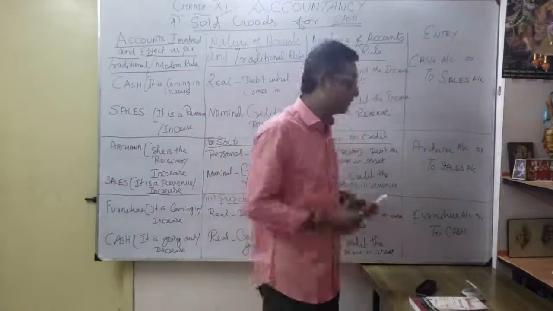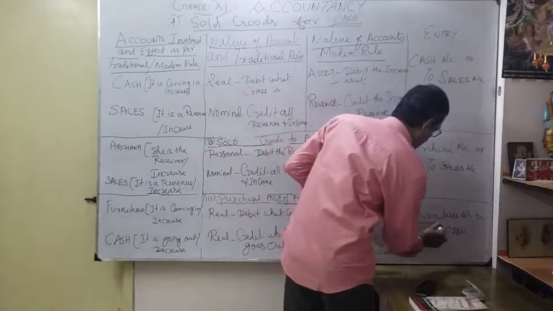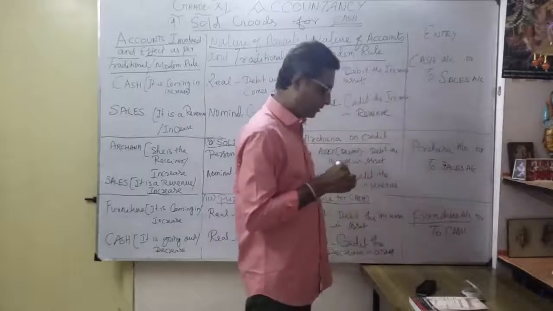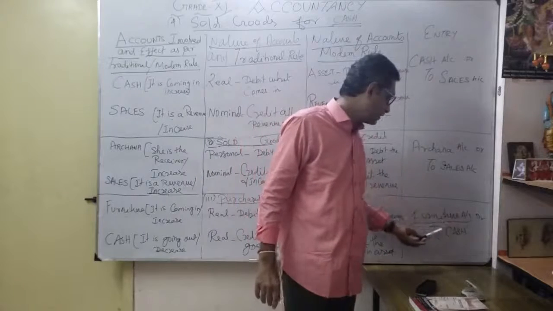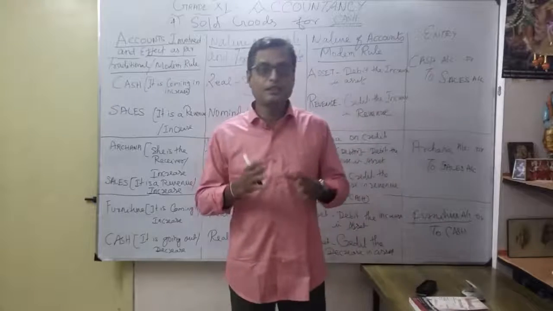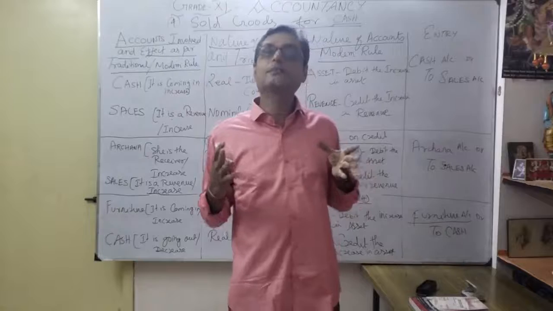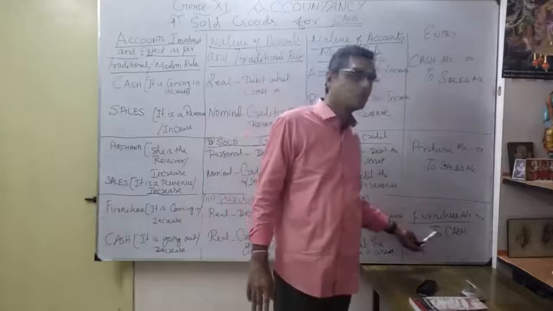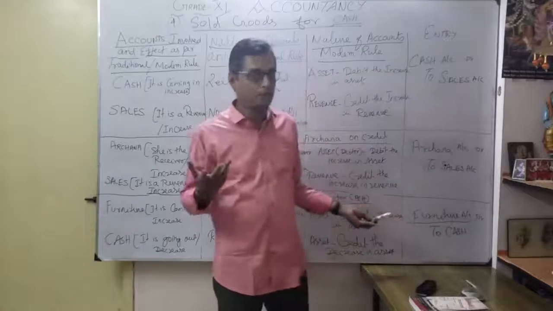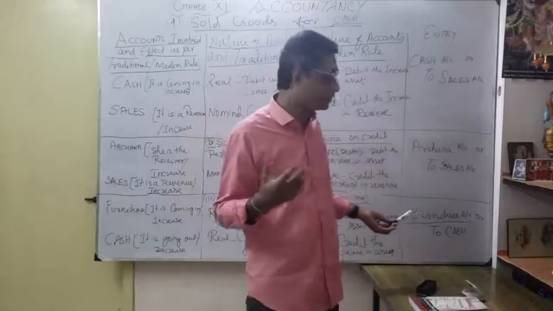What's the journal entry? Furniture account debit to cash. Any asset purchase, you have to debit. For example, any car you purchase, what is the entry? Car account debit to bank or cash, depending on payment. It is more than lakhs, so not cash.